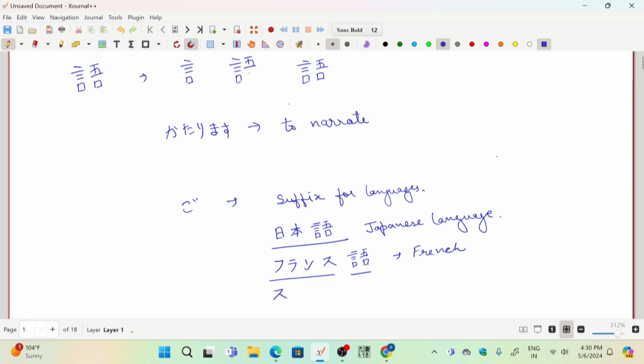If we want to say Spanish language, it will be Supeingo. Another reading of katarimasu is also used for katari. Katari means story.